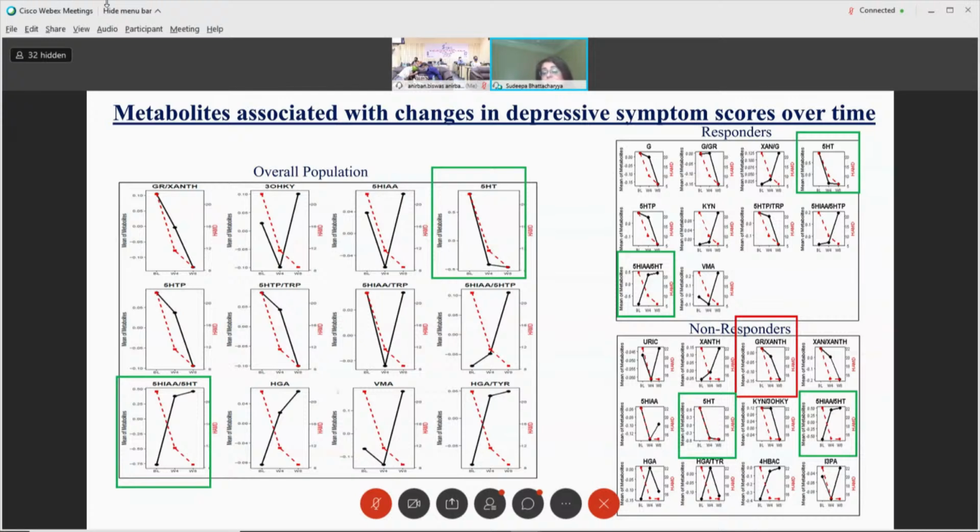But a few of the metabolites showed strong association with change in depression levels, one was serotonin. And when we divided the samples between responders and non-responders to the drug, we saw that similar metabolites were involved, but there were a few ratios that were significantly associated with the change in depression severity in these patients.